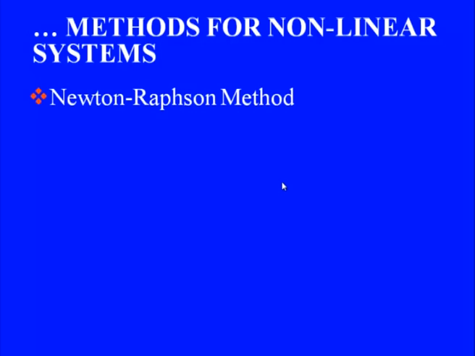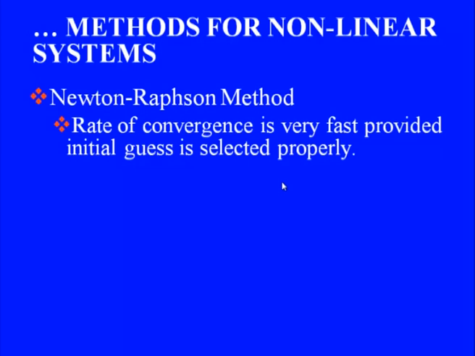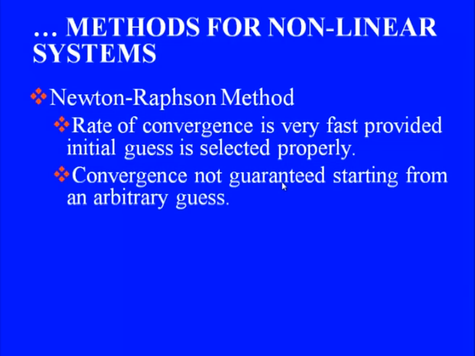If you want to get better convergence behavior, we have to go for what we call the Newton-Raphson method. Now, the rate of convergence is very fast in the Newton-Raphson method, provided the initial guess is selected properly. And please be aware of its next feature, that convergence is not guaranteed starting from an arbitrary guess; we may not get any solution whatsoever with the Newton-Raphson method.